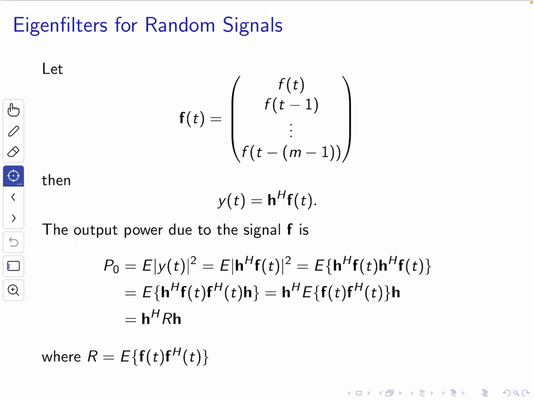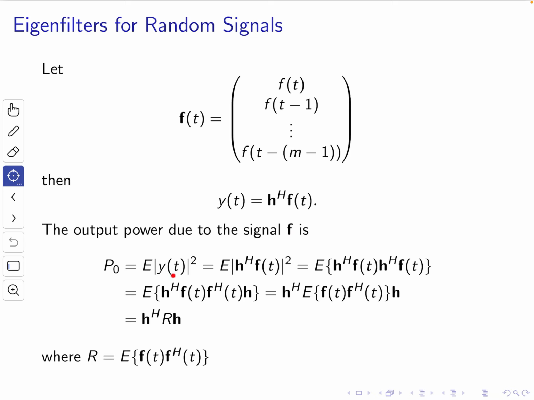All right, let's go ahead and stack the signal in terms of vectors. If M is the length of the filter, then we just need to look at the past M inputs to the system, F of t minus 1 through t minus M. This is the last M inputs, and so the output is going to be H times F. What's the power due to the signal F?